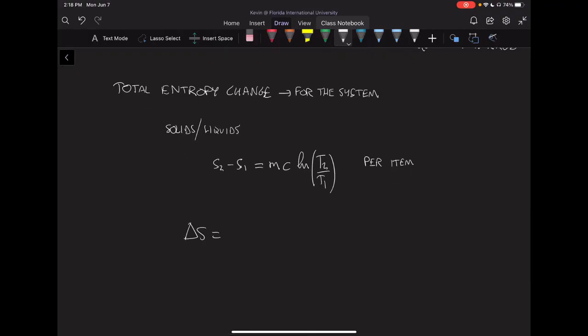Our delta S of aluminum is going to be equal to 30, which is our mass of the aluminum, times 0.949, our C for the aluminum, multiplied by ln of 382 Kelvin over 413 Kelvin. Remember that it's very important to put our temperatures in Kelvin for this. And we get a value of delta S for aluminum, I'll put a small a for aluminum, equal to minus 2.221 kilojoules per Kelvin.